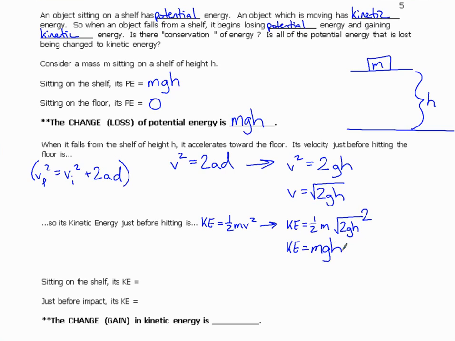So sitting on the shelf, its kinetic energy is 0. Just before impact, its kinetic energy is mgh. The change or gain in kinetic energy is mgh.